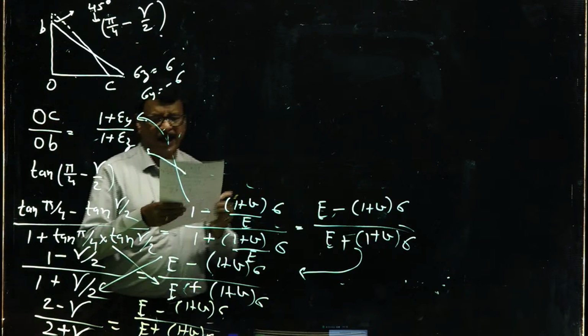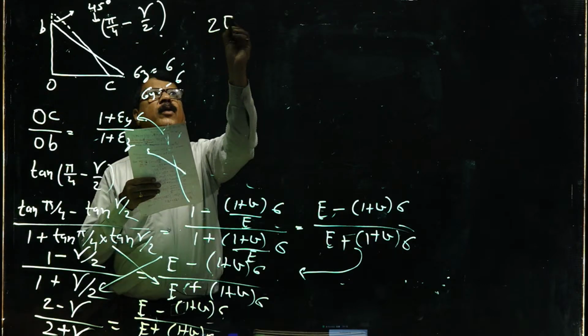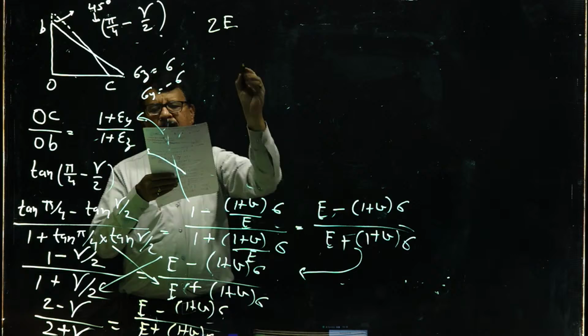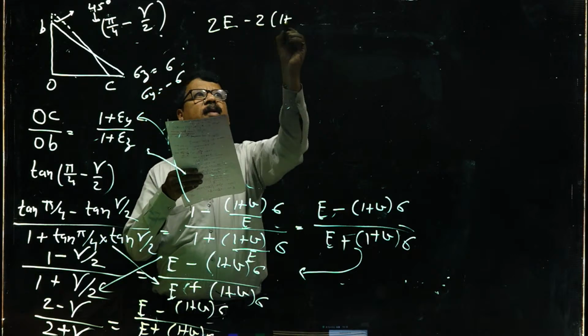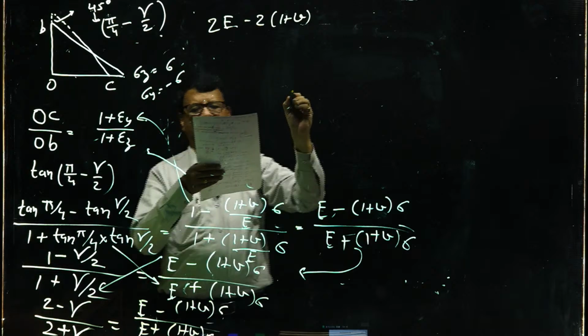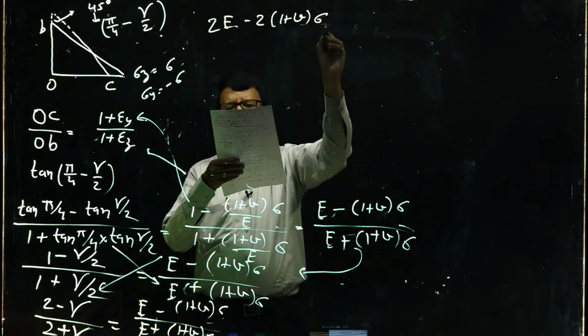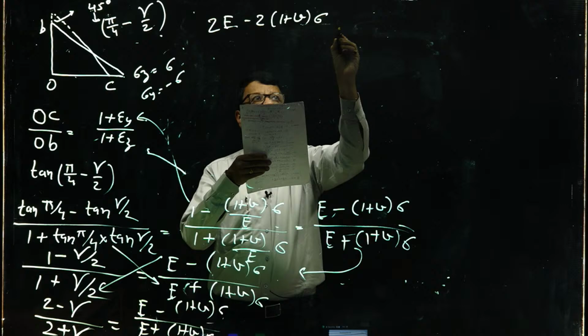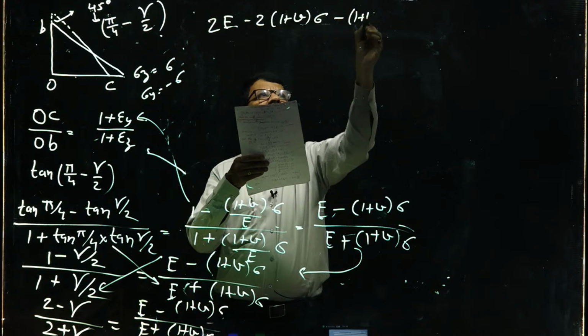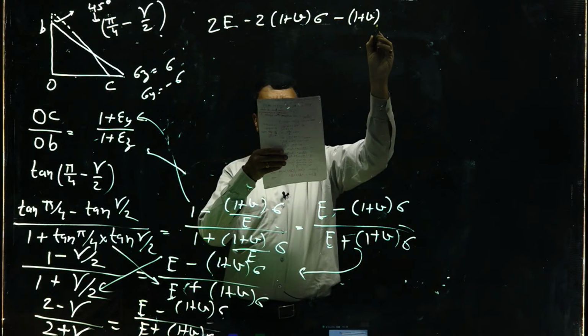You will get 2e minus 2 into (1 plus Poisson's ratio) into sigma minus (1 plus Poisson's ratio) sigma.